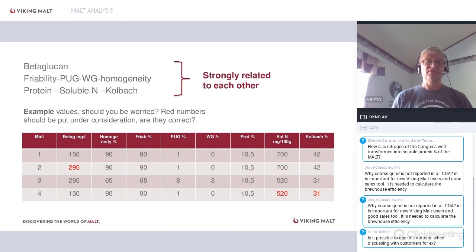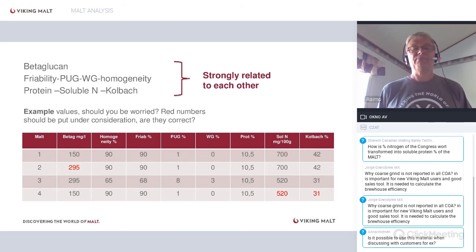So it could be 195, and then if we figure out that there was almost this plus minus 40 difference between the days in how the beta glucan value might be, that could be quite a clear explanation of that.